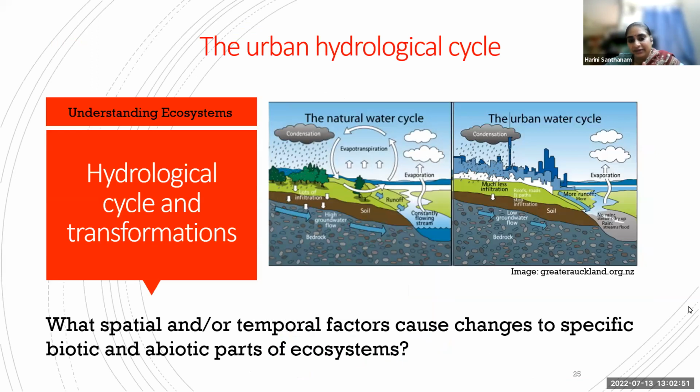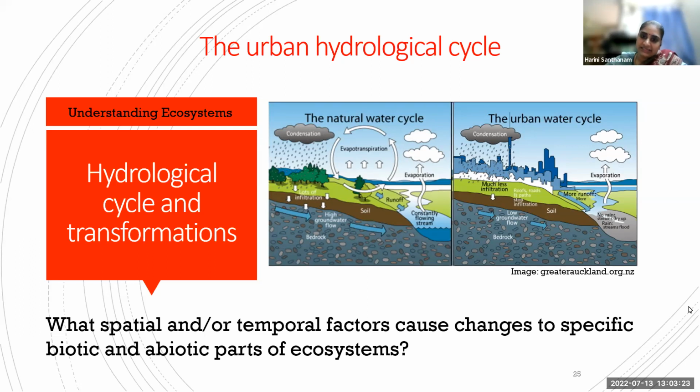Now we know that whenever there is a, this diagram is to reinforce what we have seen earlier, but in terms of the abiotic processes also, not just the biotic processes. Here we can see that when there is no rain, if we increase the amount of impermeable spaces, there is more runoff somewhere and much less infiltration elsewhere, which will cause a sort of mismatch.